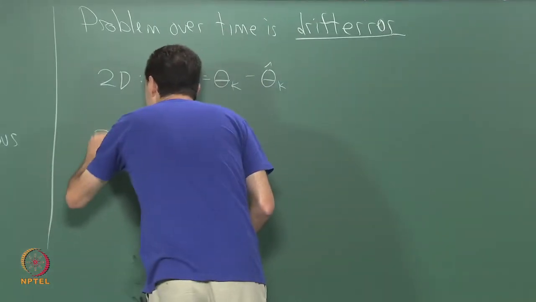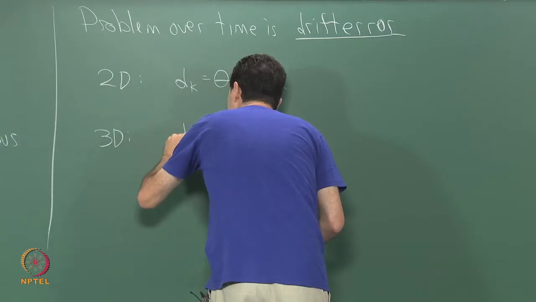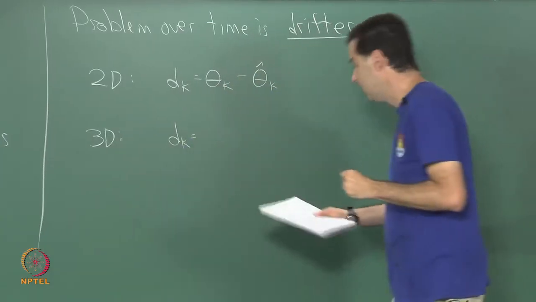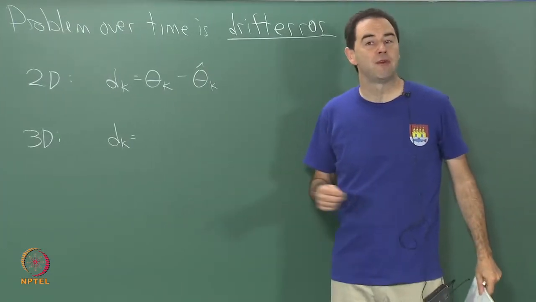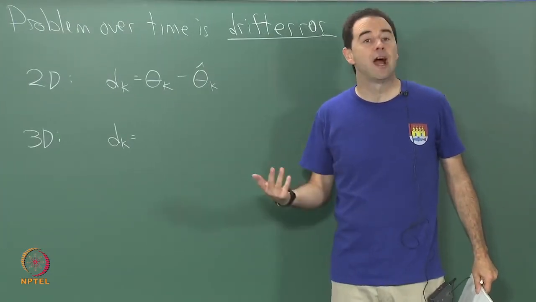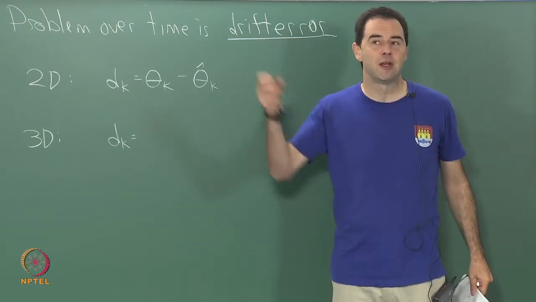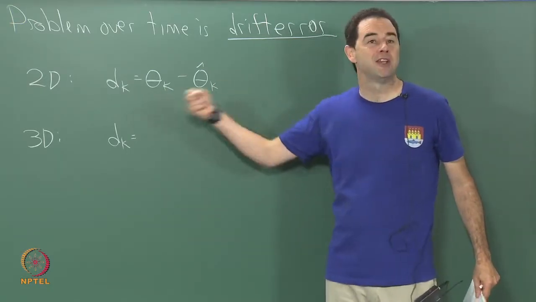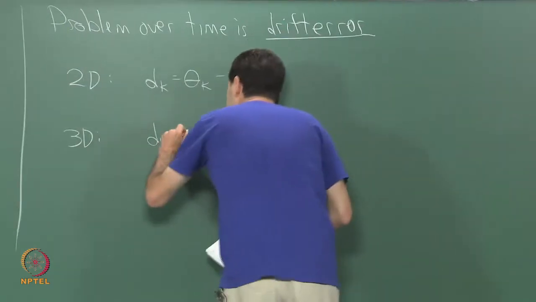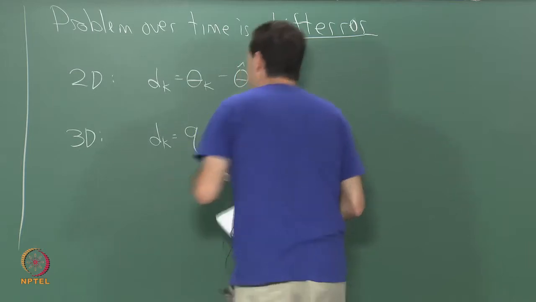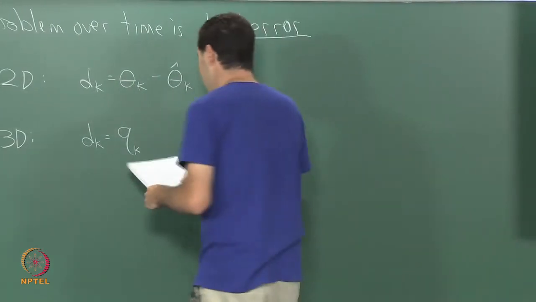And in 3D, we could say that the drift error, in this case, I want to subtract two orientations, but if I'm using quaternions, I have to use the algebra of quaternions, and remember non-commutativity. So I want to take my true quaternion minus the estimated quaternion in defining this drift quantity. Suppose the true orientation of the head, if that's what you're estimating, is q sub k.